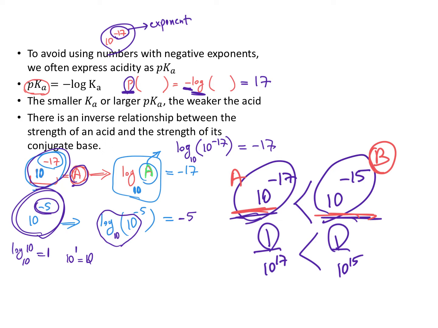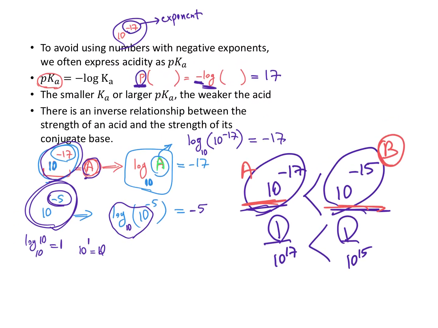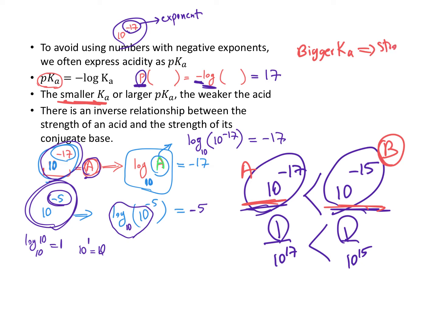So this is kind of the opposite of what I said here. I said bigger Ka, bigger acidity constant, means stronger acid. So your book wrote the same thing, just the opposite. Smaller Ka means weaker acid, right?